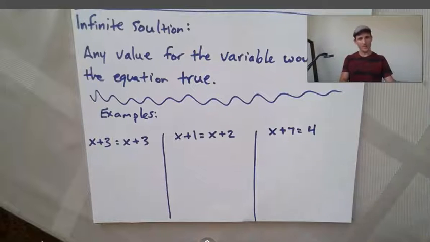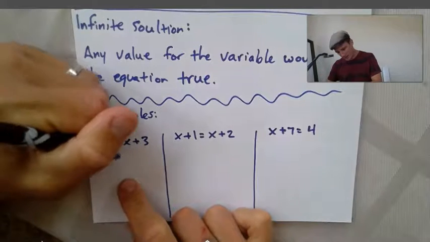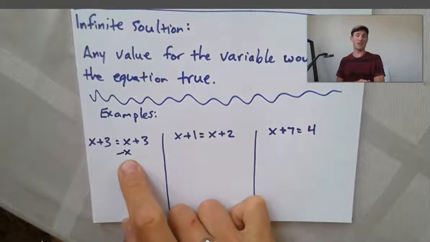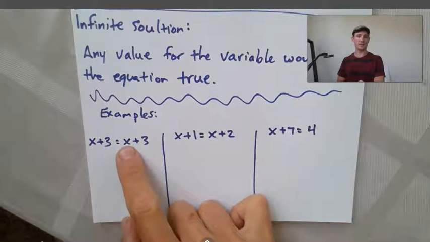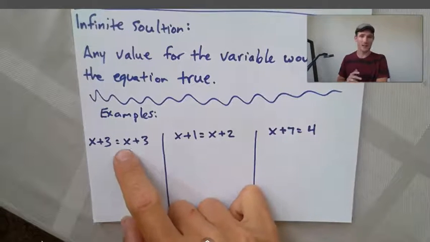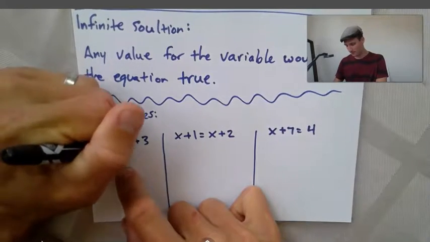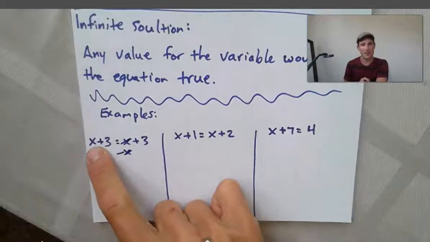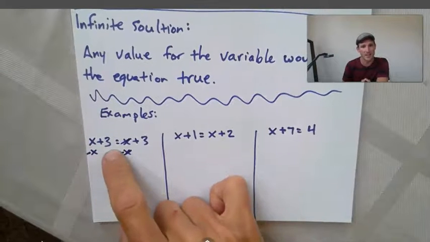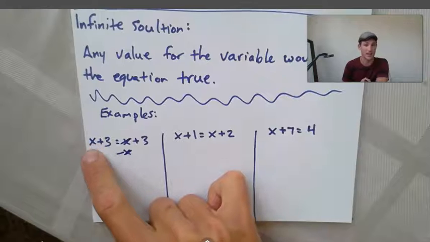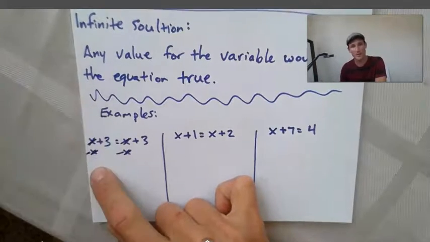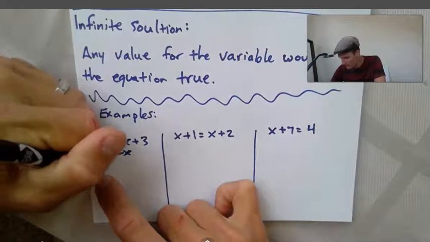So if I subtract x, I'm subtracting because it's the inverse, or the opposite, of positive x. I need to make it a negative x. That'll cancel those out. Subtract x from both sides. Again, I'm combining like terms. I can't subtract x from 3 because those aren't the same, but I can subtract x from x. And what do I get? Oh wait, those cancel too. So I'm left with 3 equals 3.